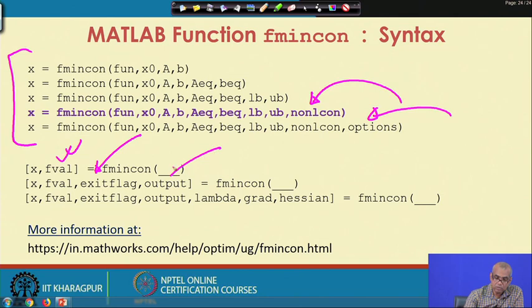It will tell you how the algorithm solved the problem that you have supplied. Similarly, output gives you various information about the algorithm, such as the number of function evaluations. It tells you what algorithm it used, and so on and so forth. Lambda gives you the Lagrange multipliers, the gradients at the decision variable solution, and also the Hessian matrix of the function evaluated at the solution x.